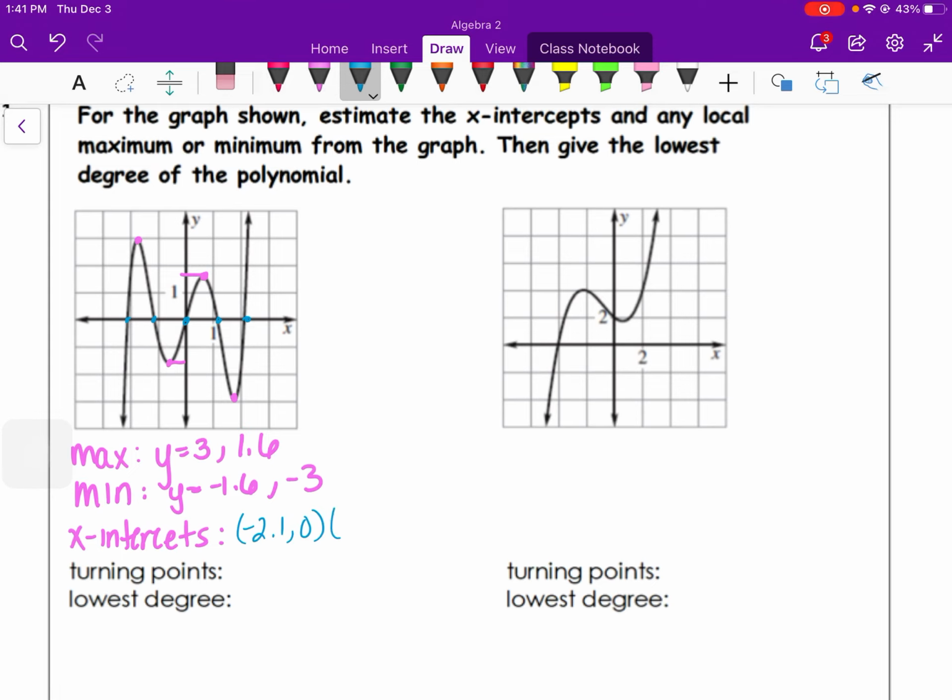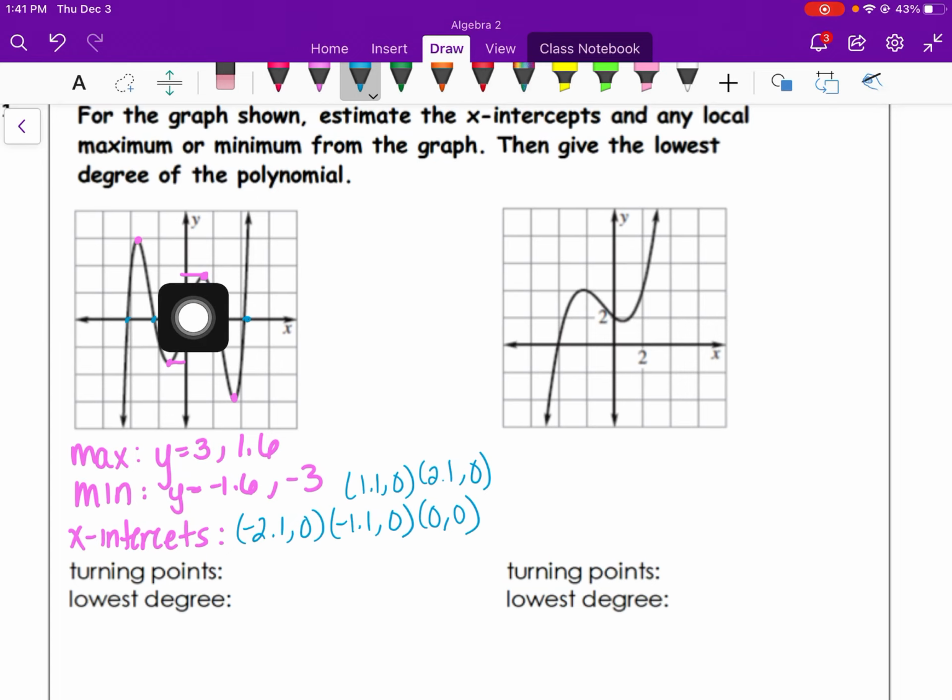The next x-intercept looks like it's at about negative 1.1 and then 0. So that's these first two right here. And then the origin is an x-intercept, so 0, 0. And then over here we got like positive 1.1 and then positive 2.1. So those are my x-intercepts.